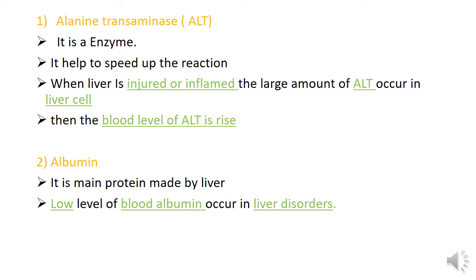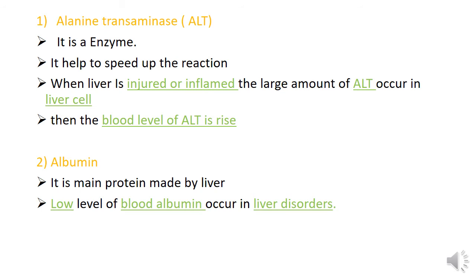Actually, it is present in a small amount, but when the quantity increases, we diagnose that the liver is injured or inflamed. Alanine transaminase increases in blood when any liver injury or inflammation occurs.